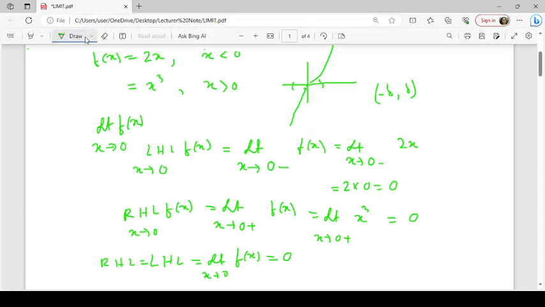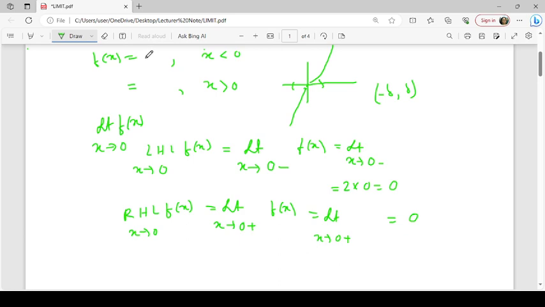Suppose our function is like this. We'll write a different function.